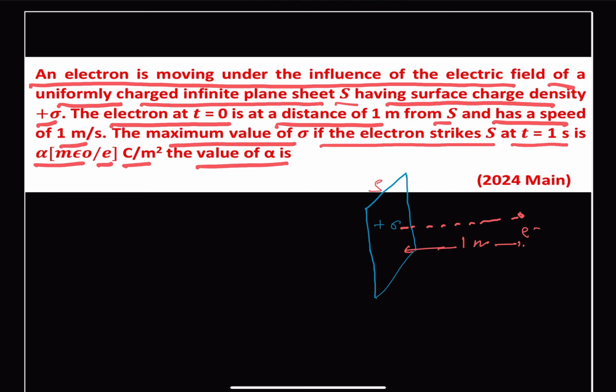The sheet has a positive charge density and the electron is negative, so there will be a force of attraction between them.